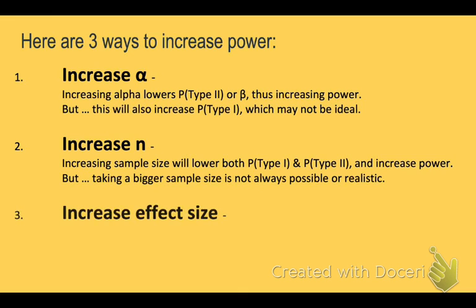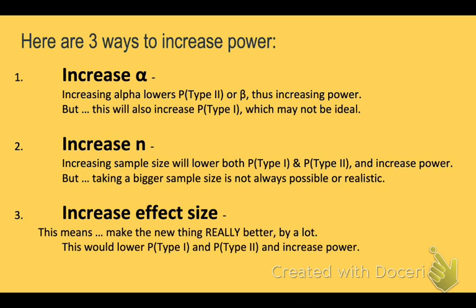And the third one, this one's more for the people making whatever we're looking at, is to increase the effect size. So pretty much what this means is if you make a new thing really better by a lot, it makes it a little bit easier to see a statistically significant difference between the two things.